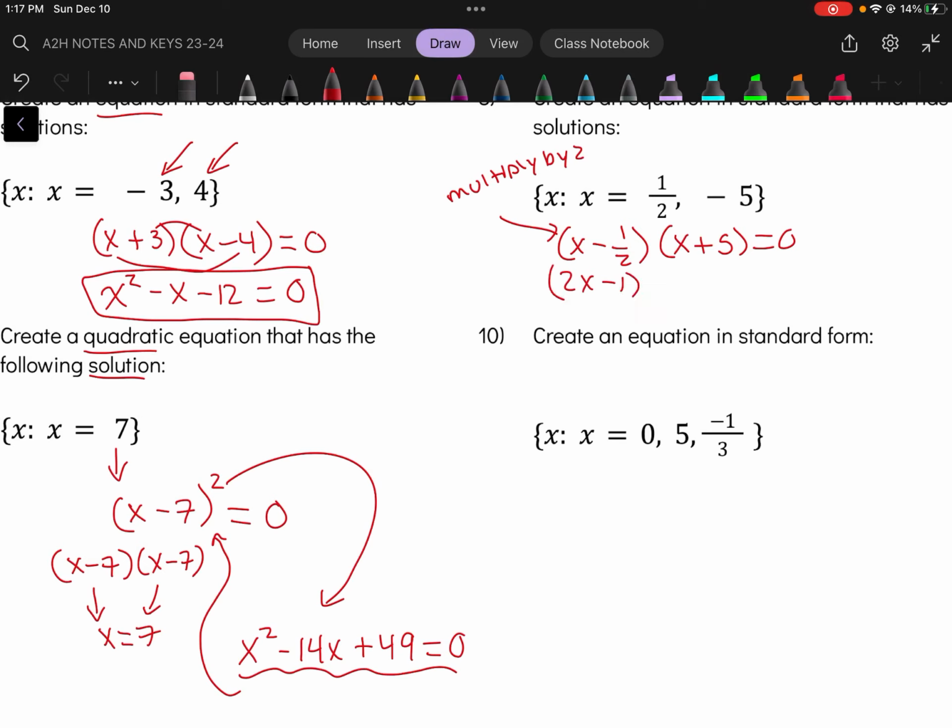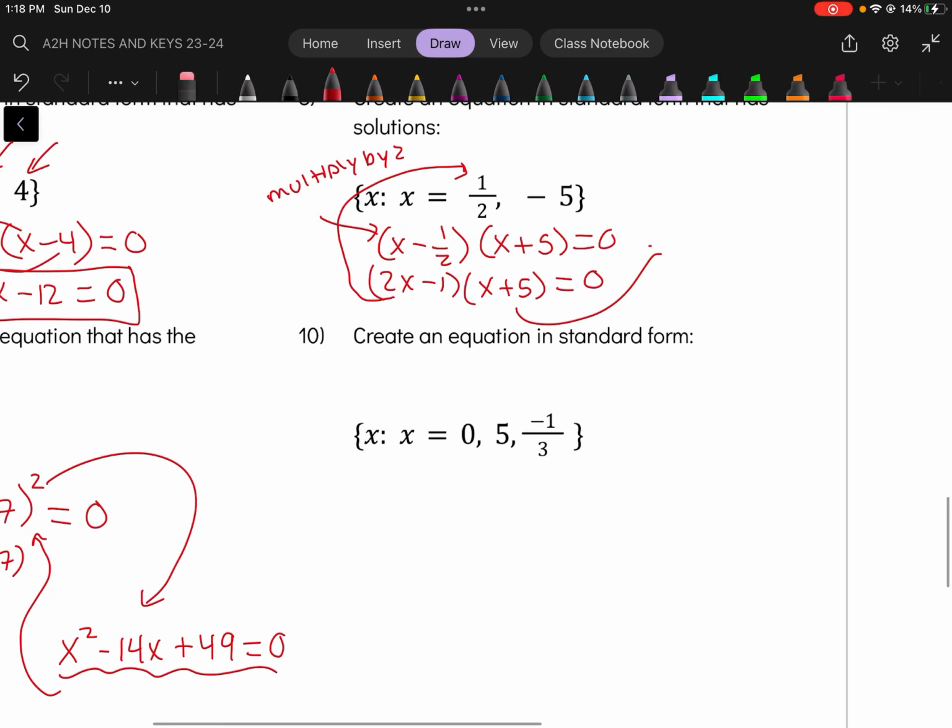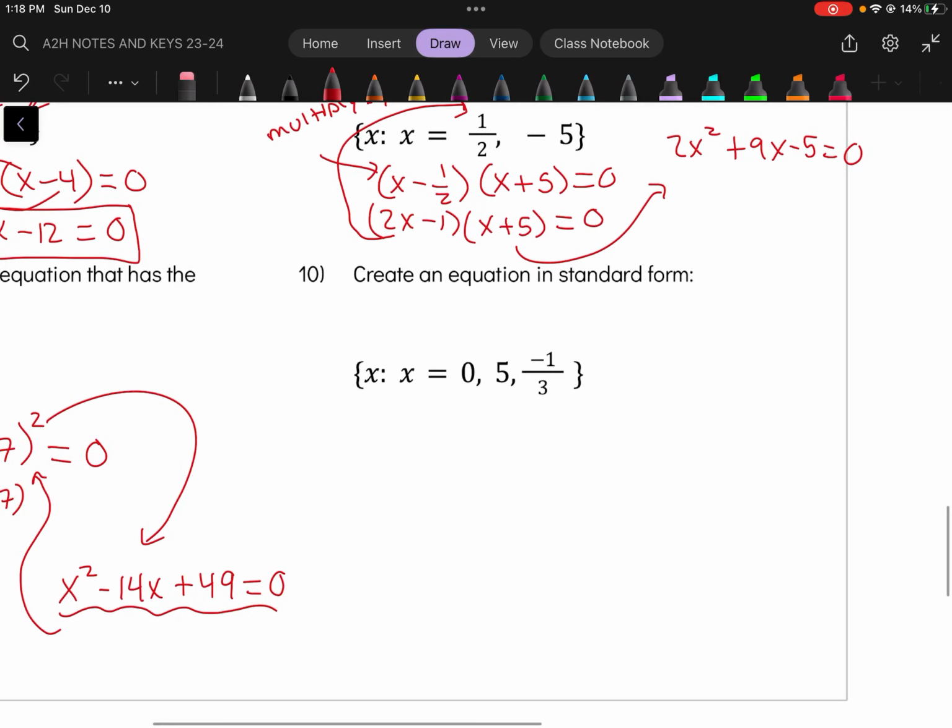If you do that, you are not changing the solutions, right? Notice how this 2x minus 1 would still have 1/2 as a solution. So multiplying by any constant keeps these solutions intact, right? And then it's just a FOIL, 2x squared minus x plus 10x, so that's plus 9x minus 5 equals 0.